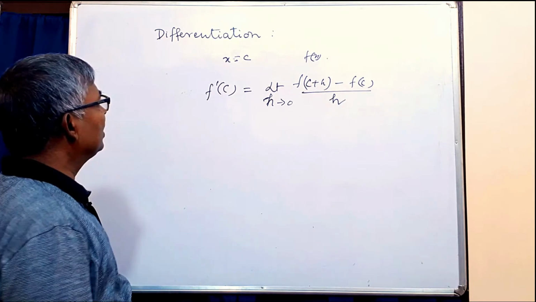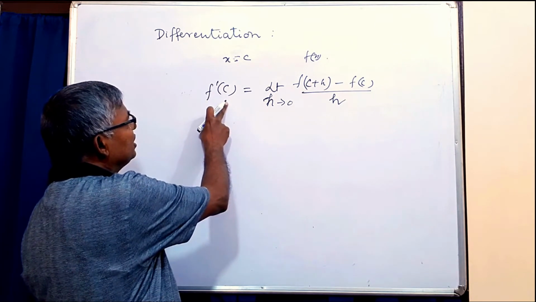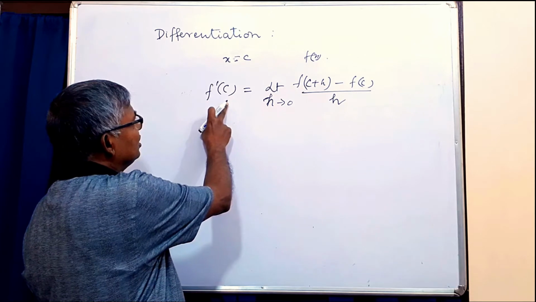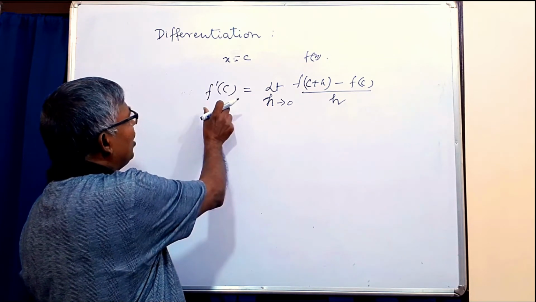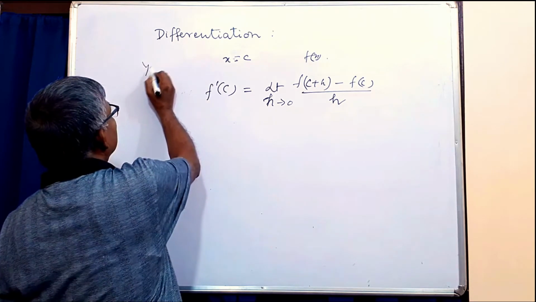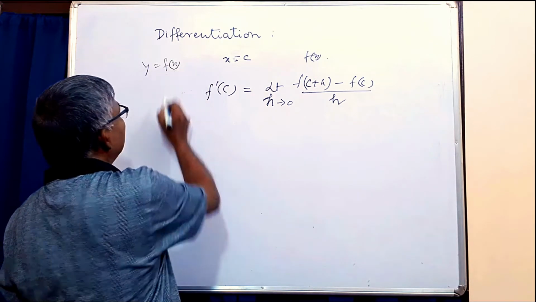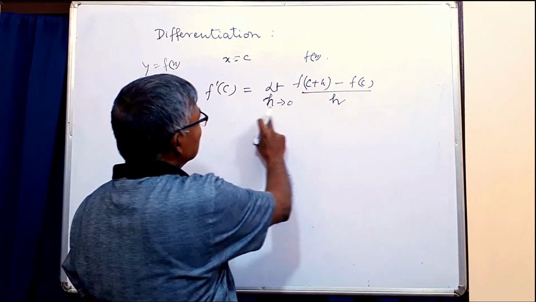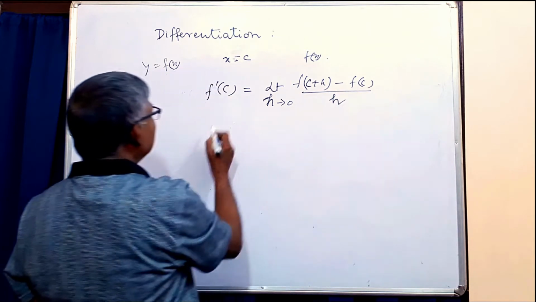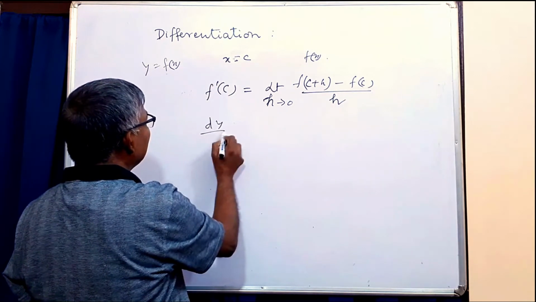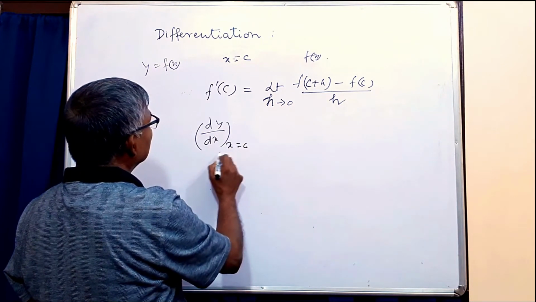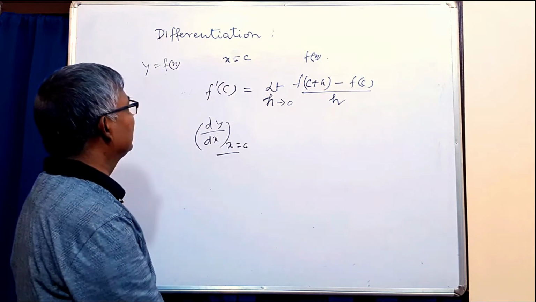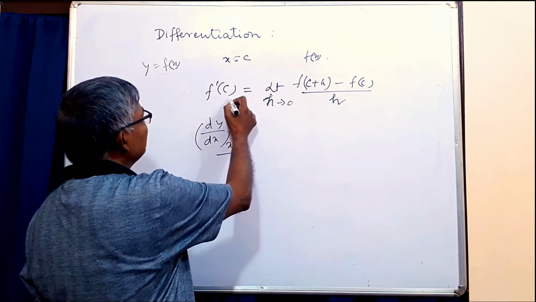So at the point c, the differential coefficient of y equals f(x) is f dash c equals this, or it is also written as dy/dx at x equal to c, but the first notation is commonly used.